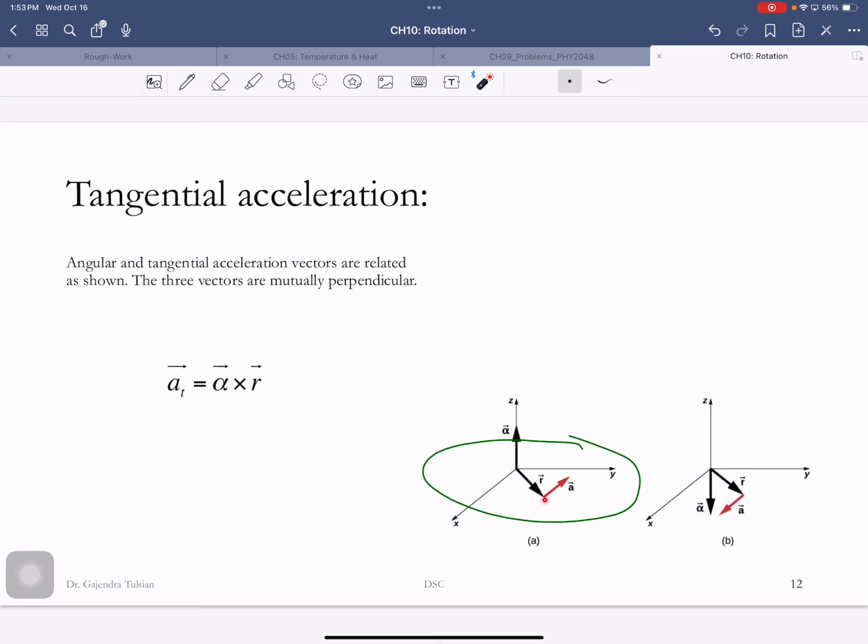Each point is going in a circle, and the tangential acceleration of that point is given by alpha times r, alpha cross r. And of course, it'll have a centripetal acceleration as well, because the velocity is changing direction, but the tangential acceleration is related to the rate of change of the magnitude of the velocity.